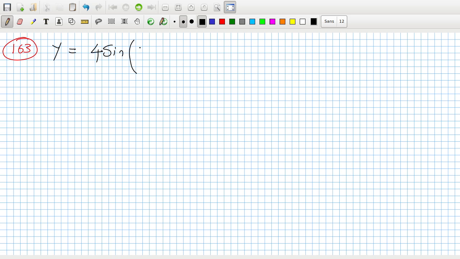So the way to get the coefficient here for the period is it's 2 pi over the period. So that would be 4 sine pi over 4x. So that's the A and the B. And because this is an odd question, I can see that this is correct.